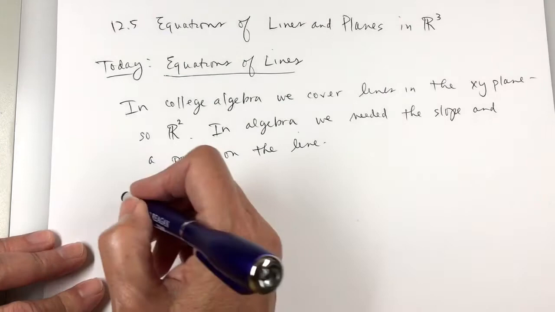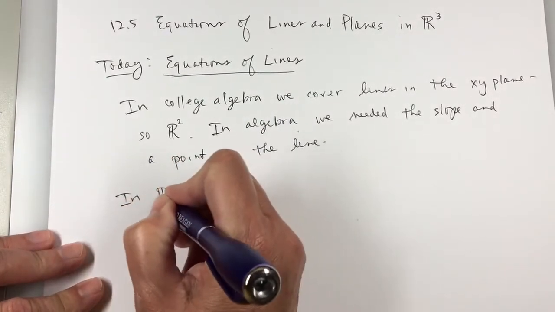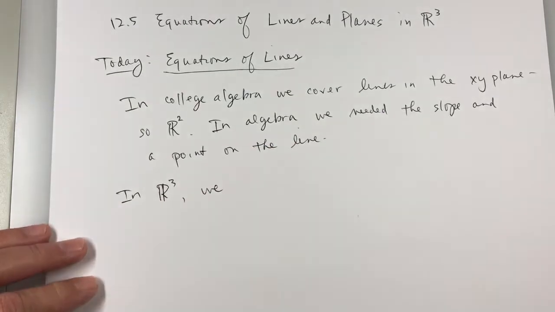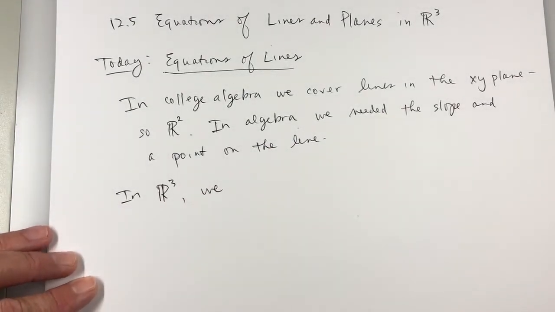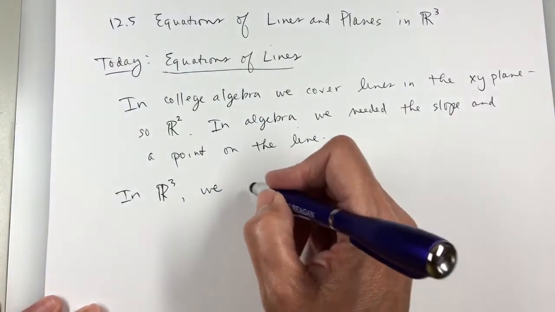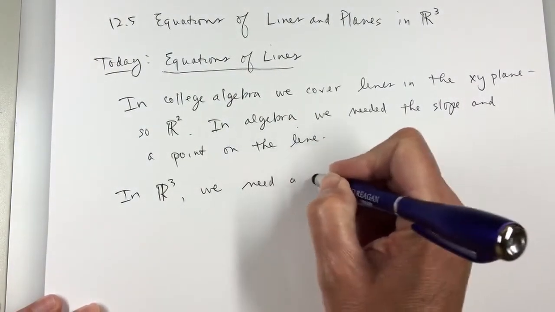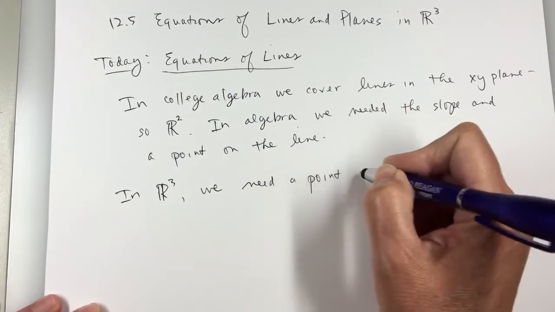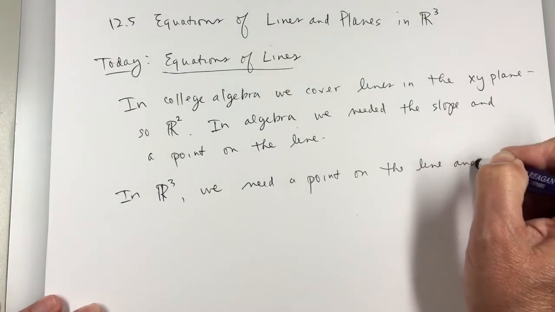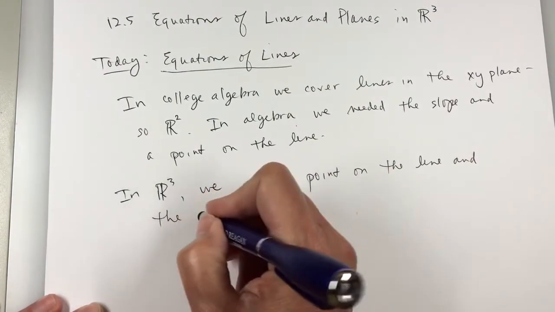Now in R3, we kind of need the same thing, although we're not going to call it slope. We need a point on the line and the direction of the line.